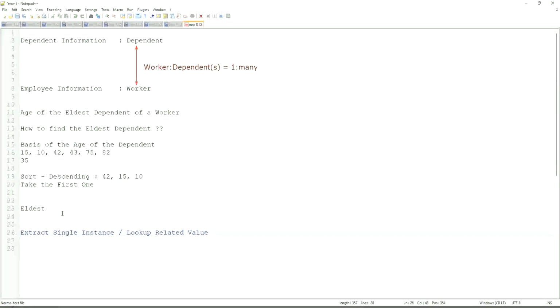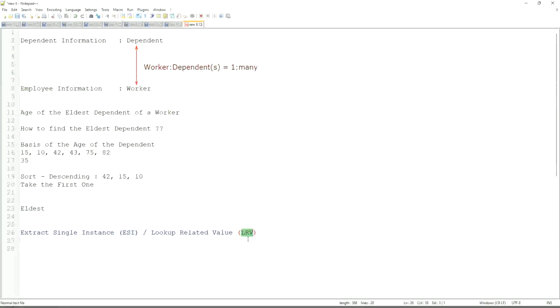This is the most common calculated field function that people will ask you in your interviews. ESILRV. Extract single instance is called ESI. Lookup related value is LRV. They work in combination. We do not only leave with ESI.